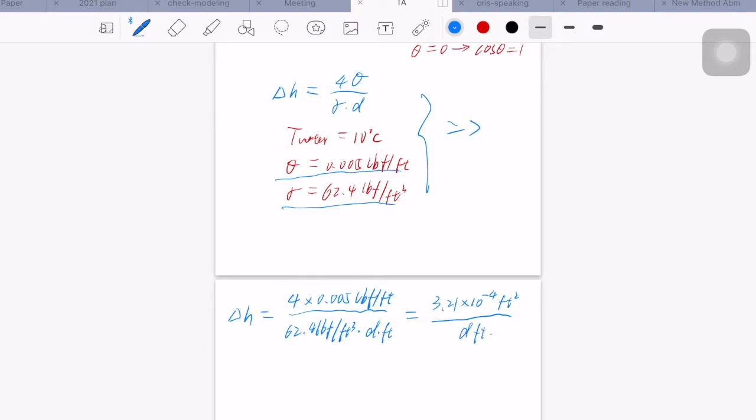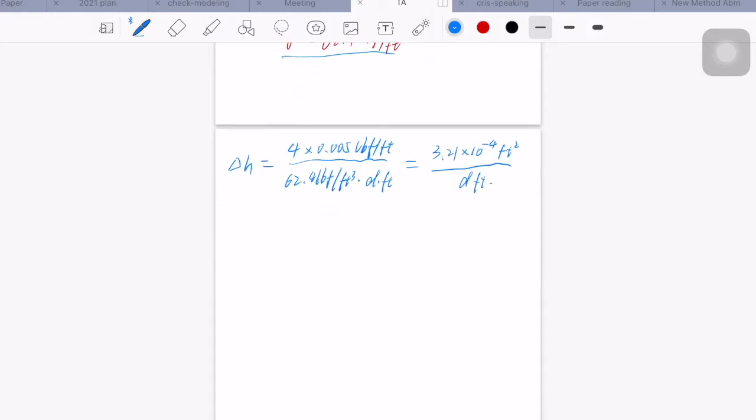From the problem, we know that when d equals 1 over 2 inch, which equals 1 over 24 feet, delta H equals 3.21 times 10 to the power of negative 4 square feet over 1 over 24 feet.